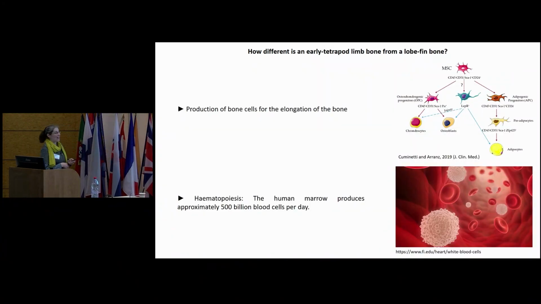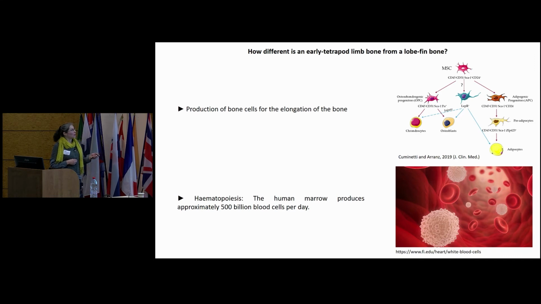Okay. And the marrow cells, they play a major role for our body. So they have two big roles. They produce bone cells for the elongation of the bone. So if your bone grows and elongates, this is because bone cells are produced from the stem cells which are within the marrow, and they also have a major role in hematopoiesis.